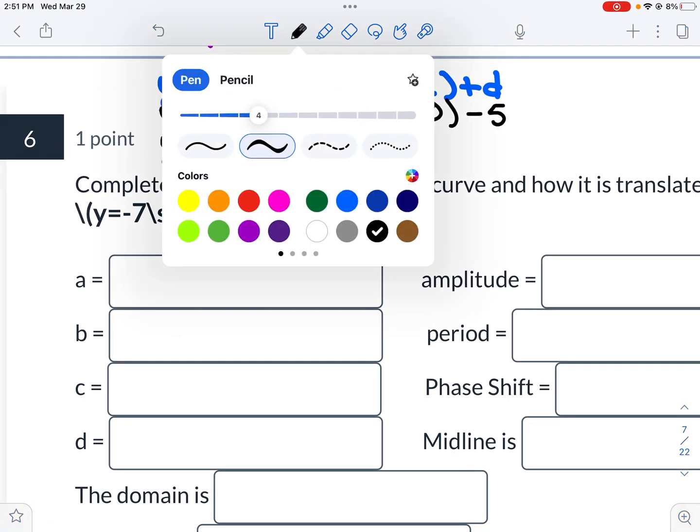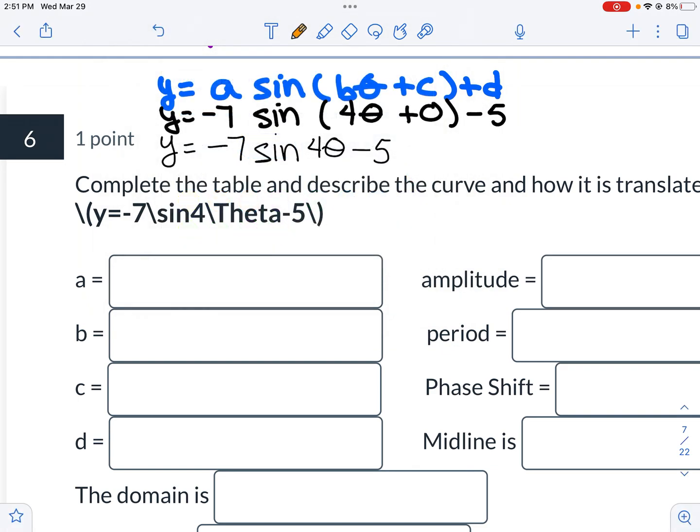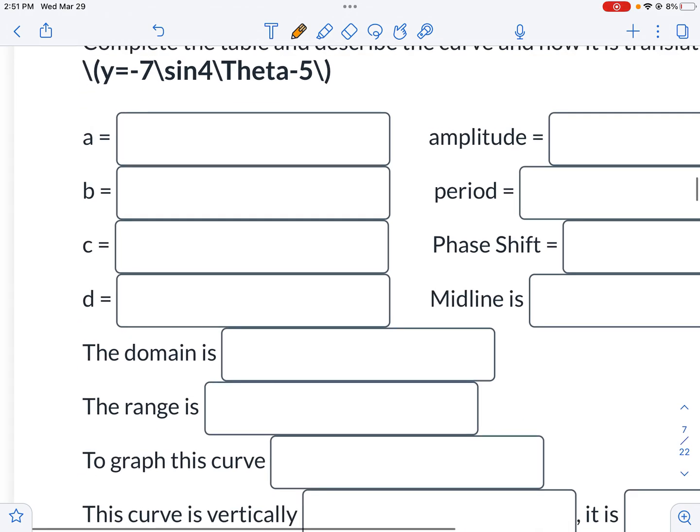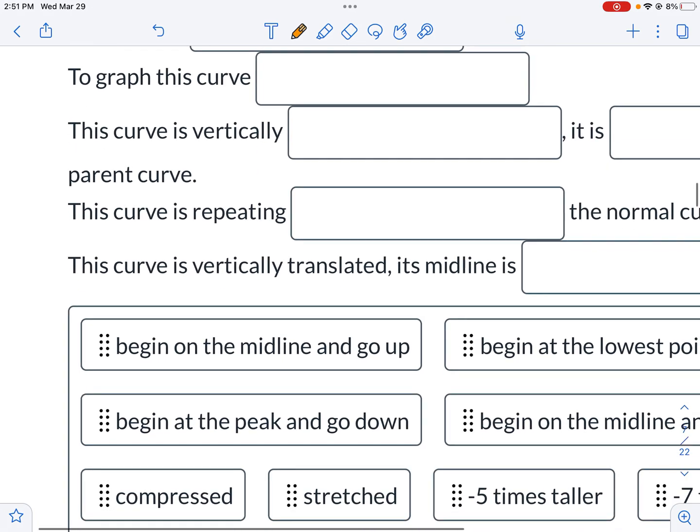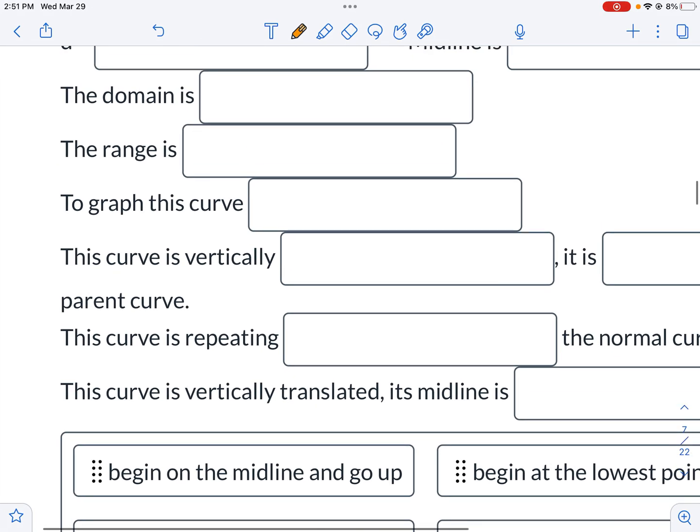So a is equal to -7. So this is 7. This curve is vertically stretched.